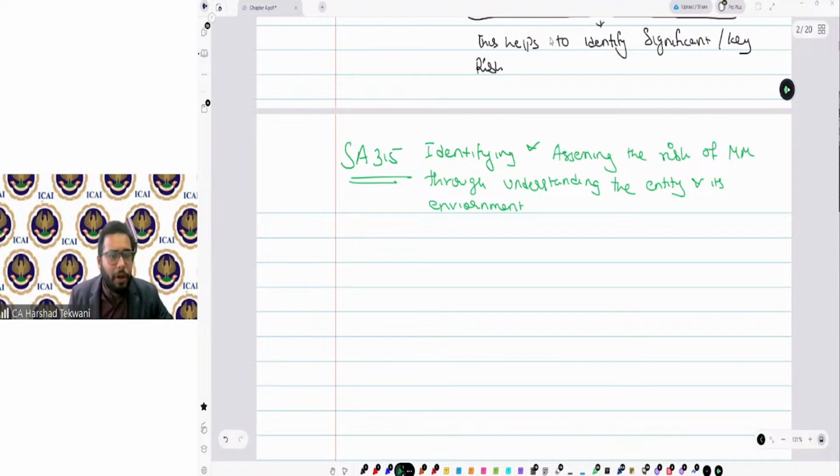So what we were doing is understanding the entity, understanding the risk, then mapping the control in front of that, and then rating the control. On similar lines, that is the objective of the standard.